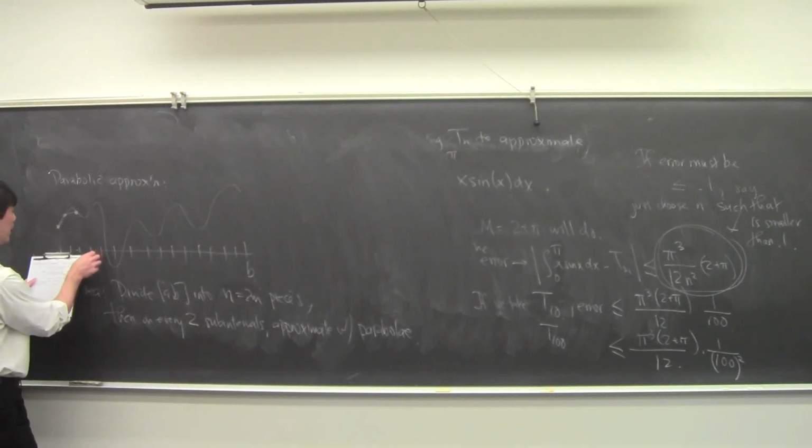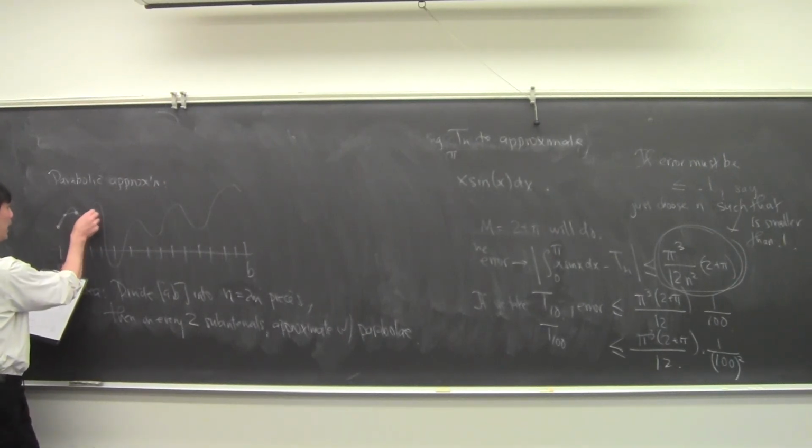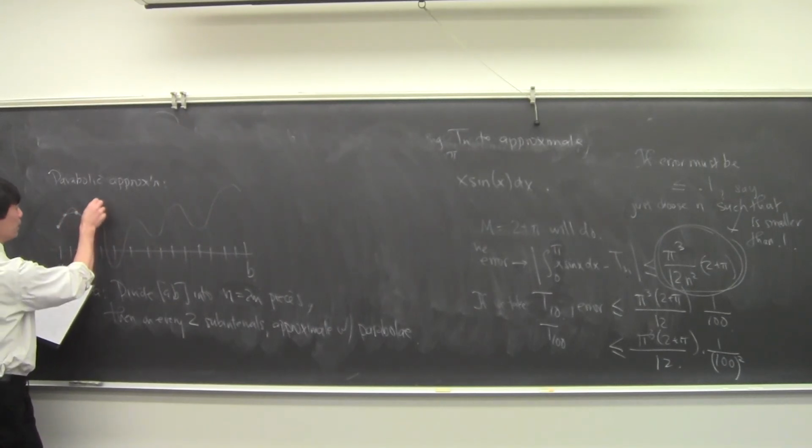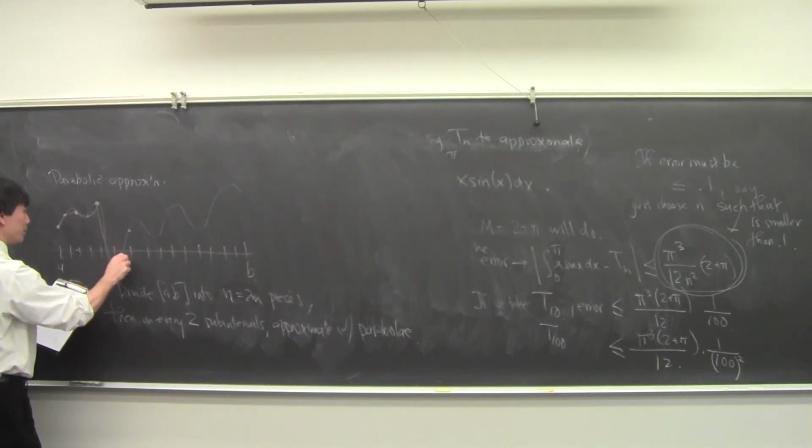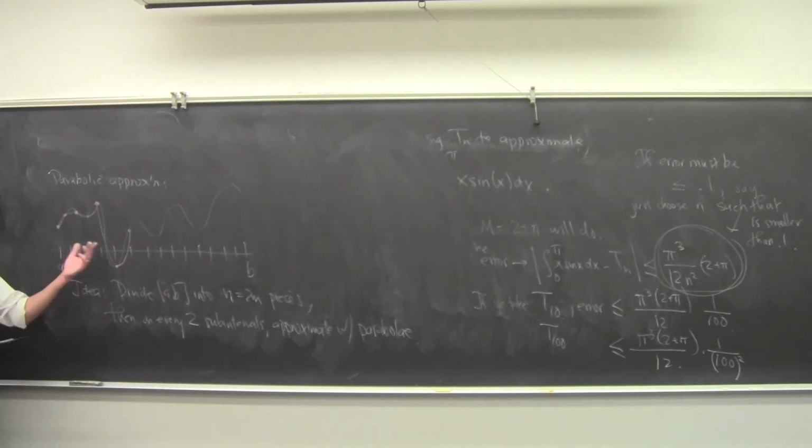Then you move to the next pair of intervals and approximate that with a parabola. And you keep on going.